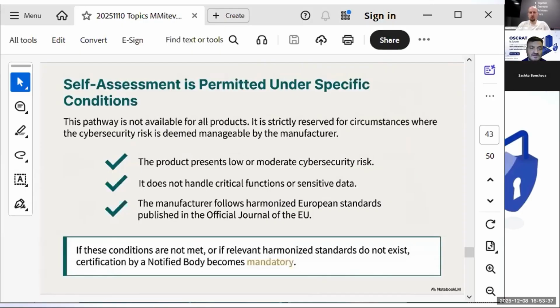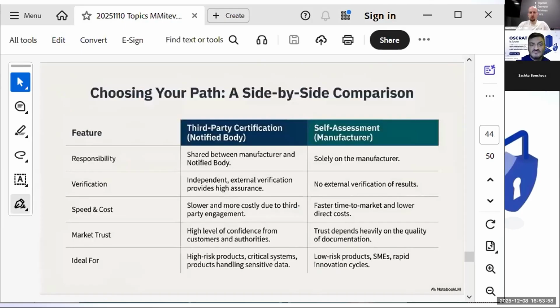If these standards do not exist, or if the risk level is too high, the manufacturer must choose third-party certification by a notified body. These conditions ensure that self-assessment is used only where it's appropriate and safe.